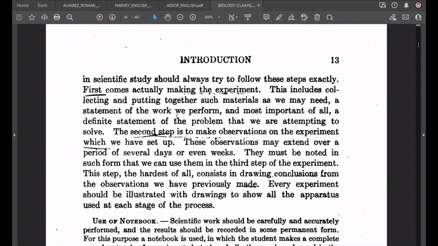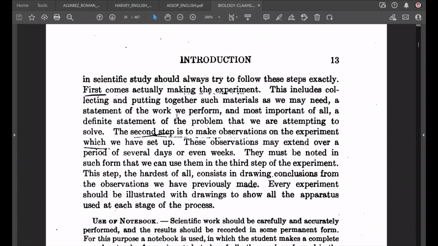We then have to think about how we might pursue the answer to that problem or that question. Then we have to prepare the experiment by which we're going to carry out the study, and then we have to actually carry out that experiment. So we go through that experiment, and then we come to the second step.